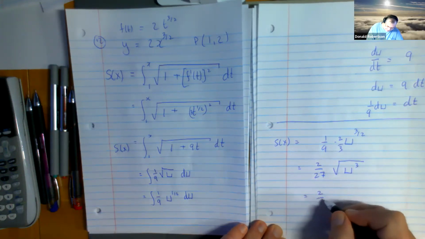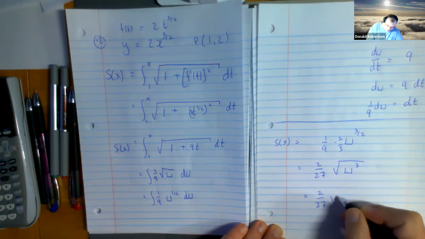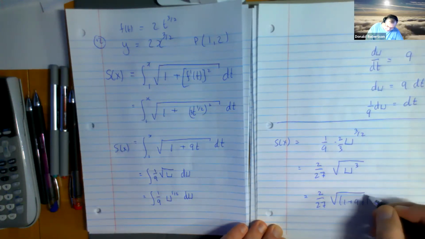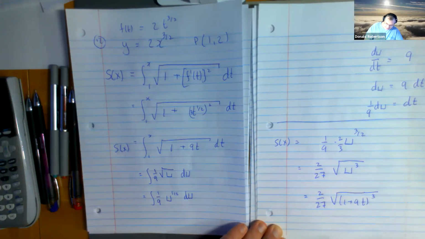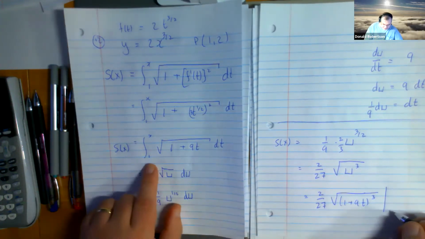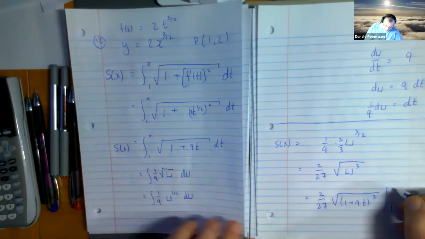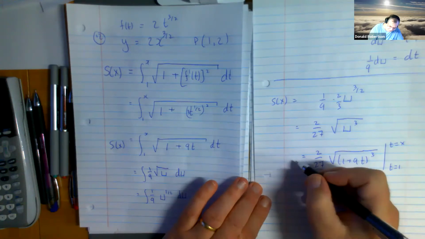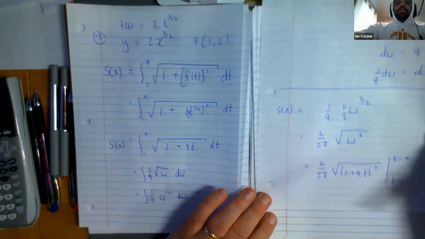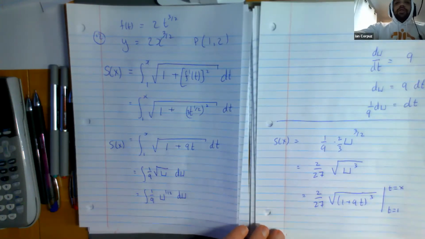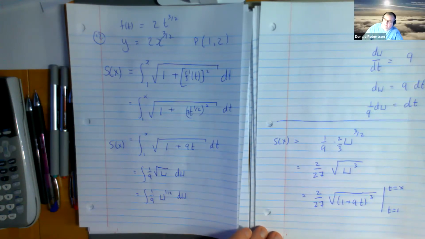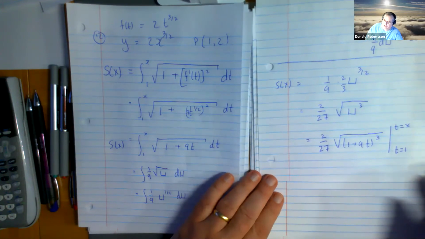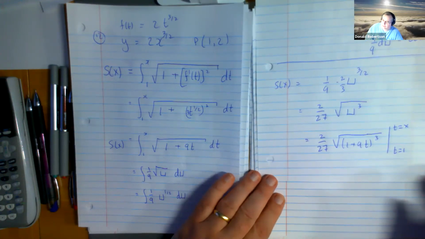And this now looks like 1 plus 9t cubed, evaluated at t equals 1 to t equals x. Small question. We're using a u sub just because 9t doesn't have a square above it, right? Yes. If it had a square, I'd be looking at x subs or tables.